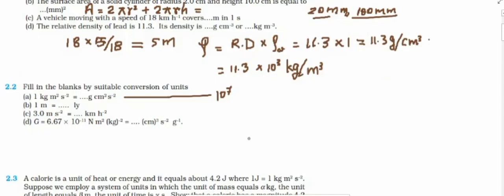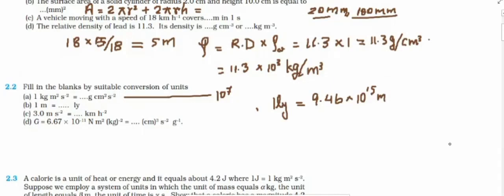Next, 1 meter is how many light years? There you can see that 1 light year is 9.46 into 10 power 15 meter.